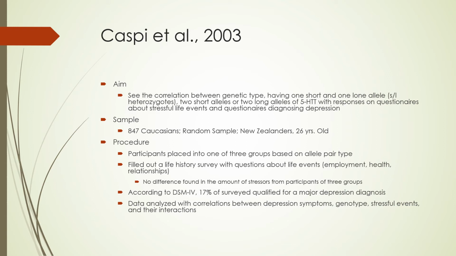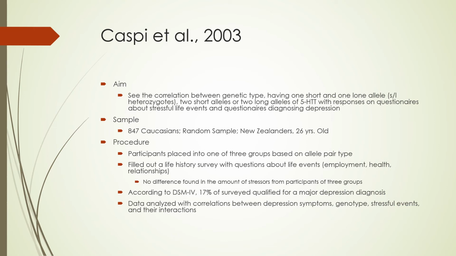And they took 847 white New Zealanders who were 26 years old. And what they did in this study is that participants were placed into one of three groups based on their genetic allele pair type. And they filled out a life history survey with questions about life events, so employment, health, relationships, those major things that oftentimes cause stress as well.